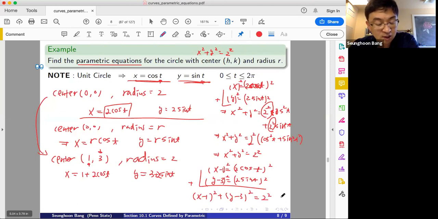Yes, it's right. This is the whole idea for finding parametric equations for the circle with center h, k, and radius r. From this, what general form can you get?